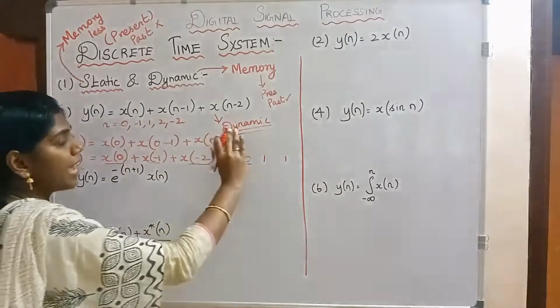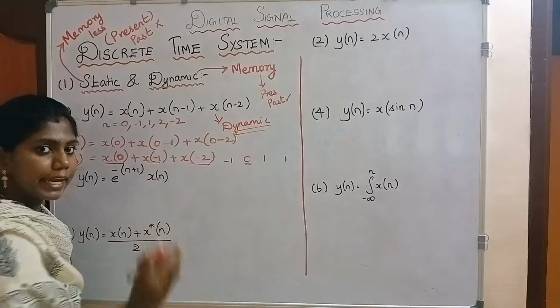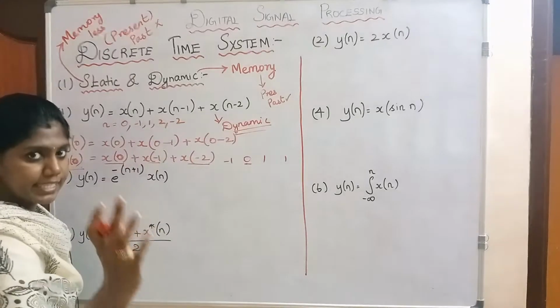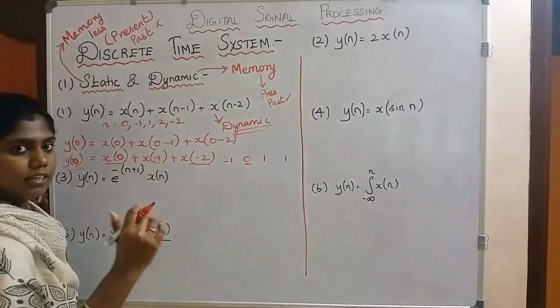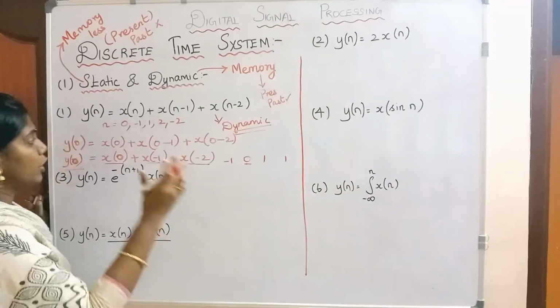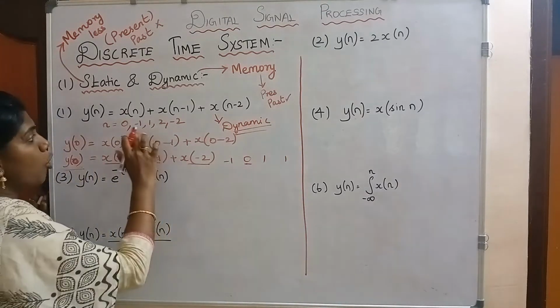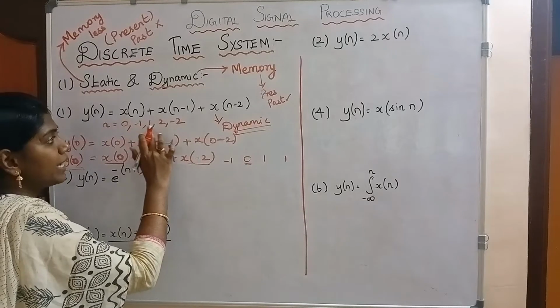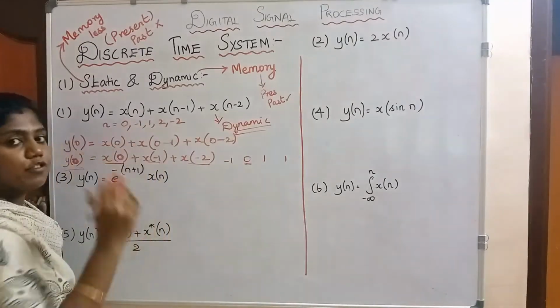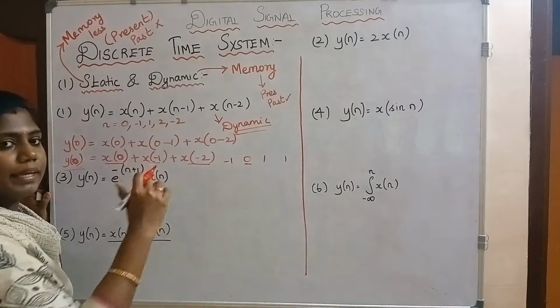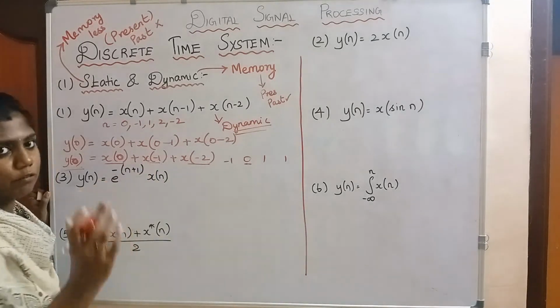You can stop here and conclude. If you get a static system, when you put n equal to 0, it is always better to give all the values minus 1, 1, 2, minus 2, and after that conclude whether it is a static system or not. Maybe in further examples it will be even more clear.